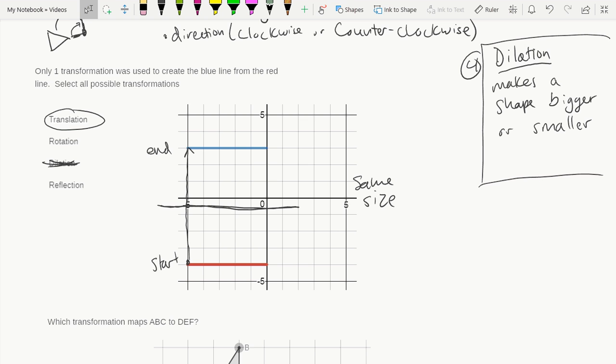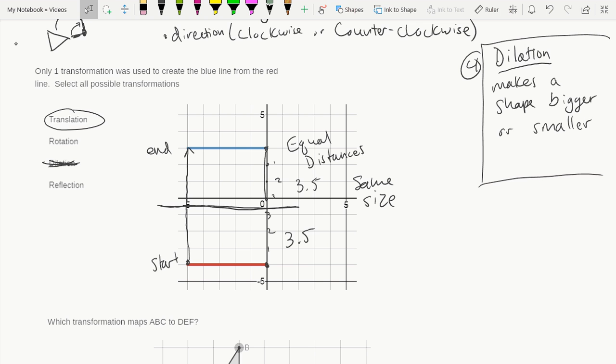Well, it has to be equal distances from both the beginning and the end, or the pre-image and the image. So let's count. So if I start here and I go 1, 2, that's 3.5 spaces. And then if I start here, I go 1, 2, 3, and it's 3.5 spaces.